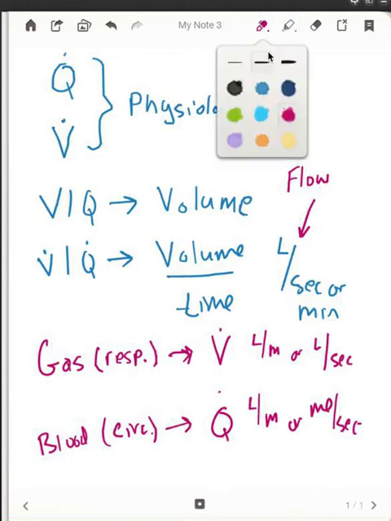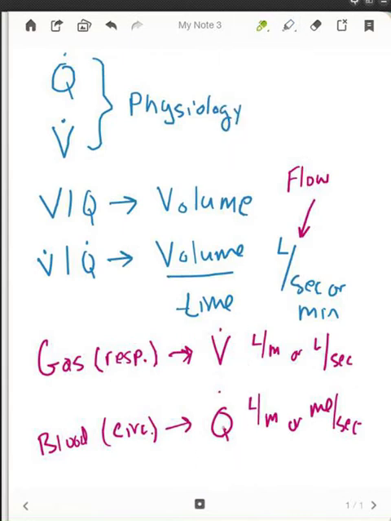And then oftentimes there will be a little subscript after this to further differentiate where the flow is. For example, you may see Q dot with a little subscript C, and what we're talking about is capillary blood flow versus flow in other parts of the body. So you may see that as well.